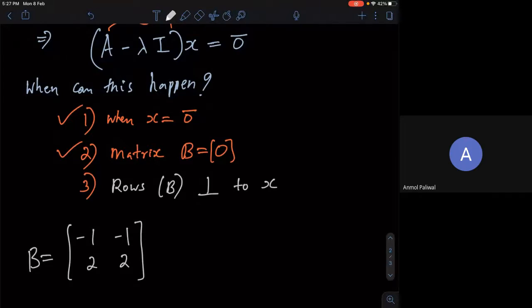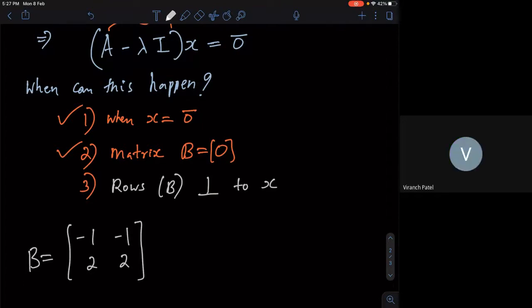Hello, anyone there? Does there exist an x such that Bx equal to 0? 1, minus 1.